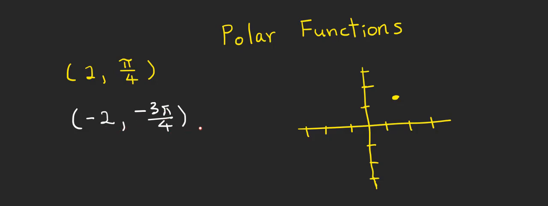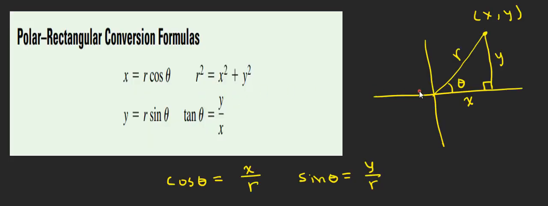Now let's go over some trig. When you have a right triangle and you have a theta, remember theta can be in the first, second, third, or fourth quadrant. And you know that cosine theta is x over r, and sine theta is y over r. So when you multiply both sides by r, you get x equals r cosine theta.